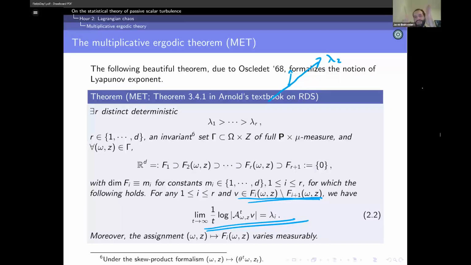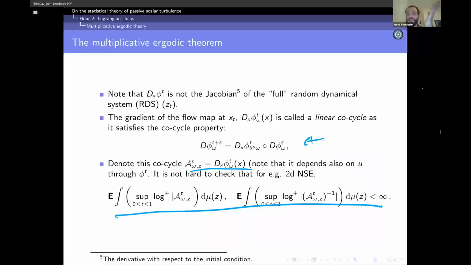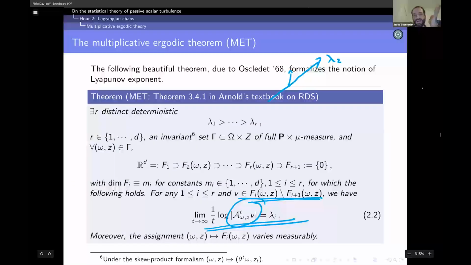And what do I mean by that? Remember you're looking at the growth of a matrix, right? A^t_ω(z) is this matrix. So it grows or contracts in different directions. So this says that for all directions outside of the one subspace, complemented by the other subspace, you see this growth.